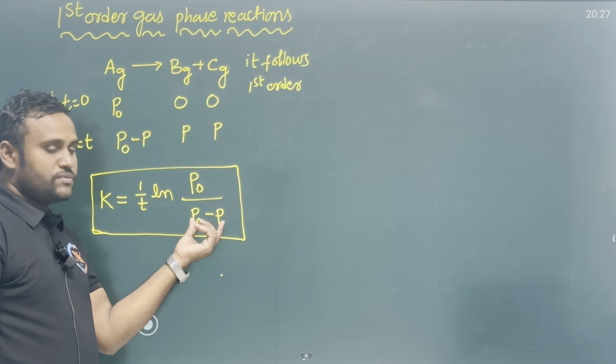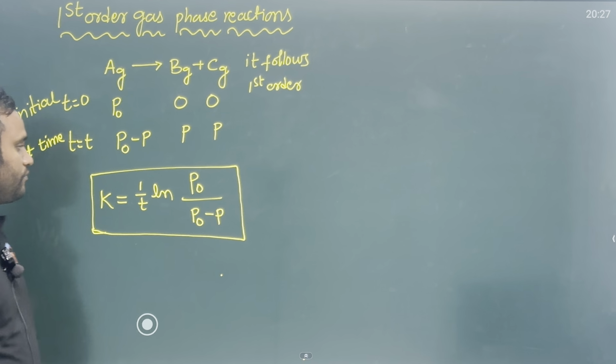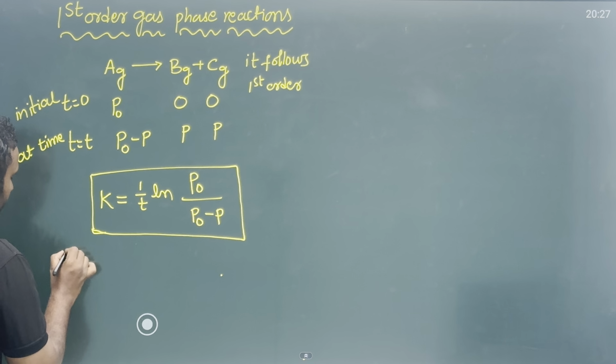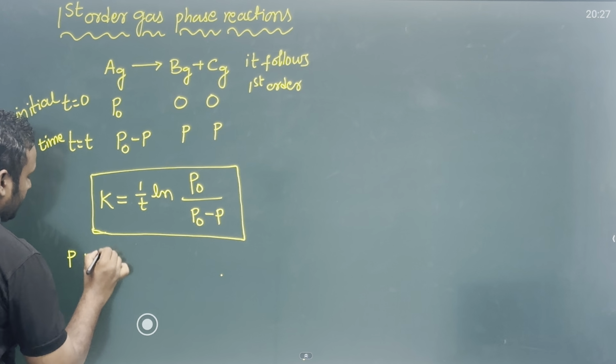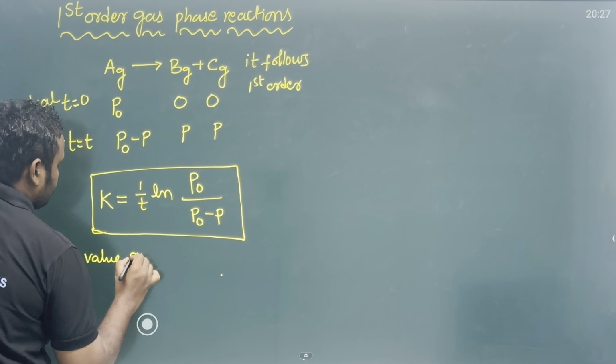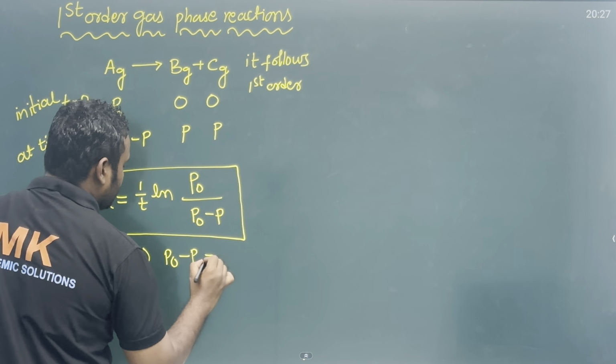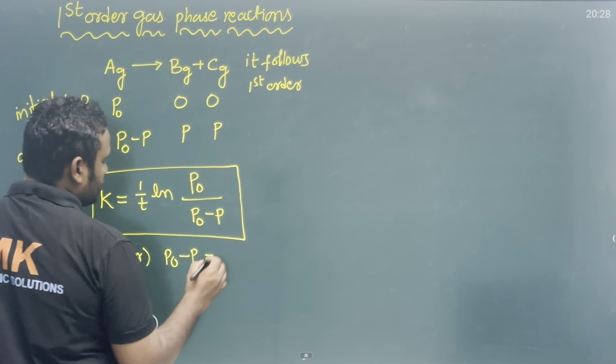Here this P value we can find by using the total pressure of gas.